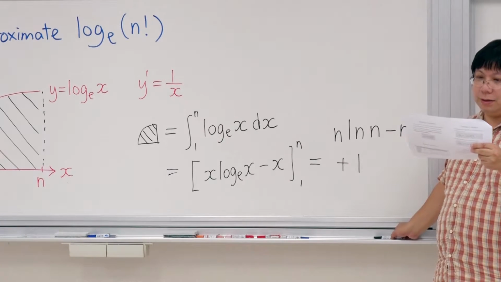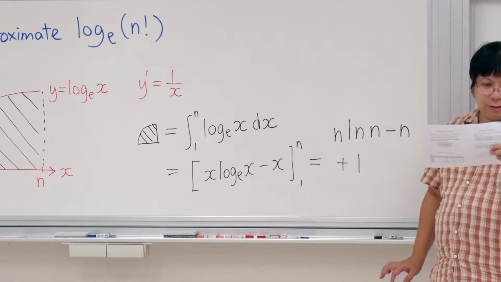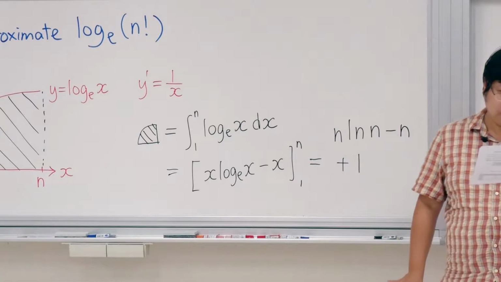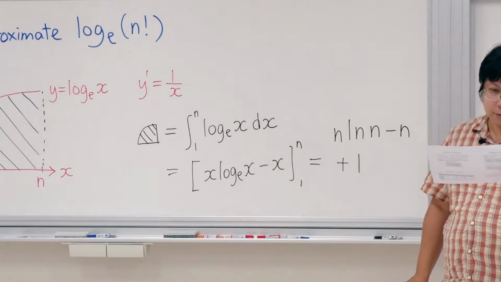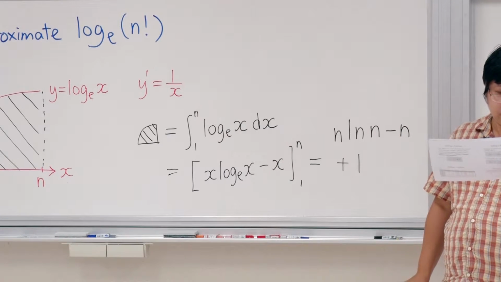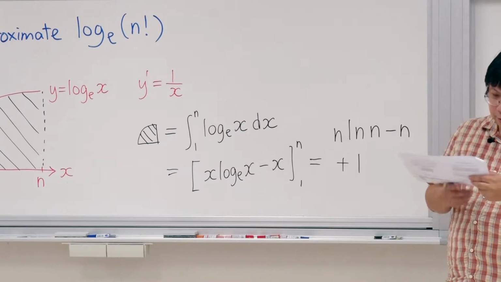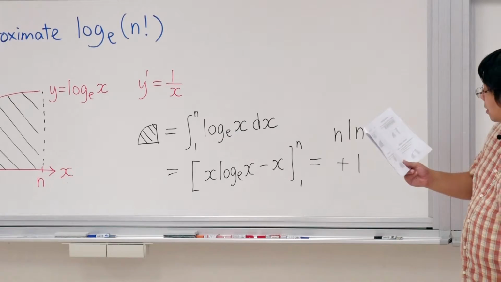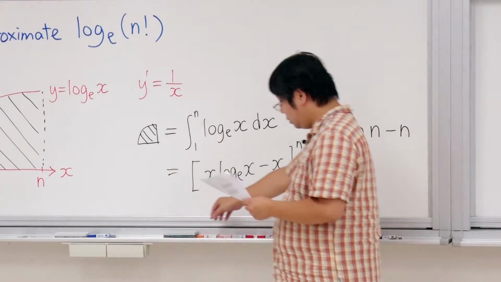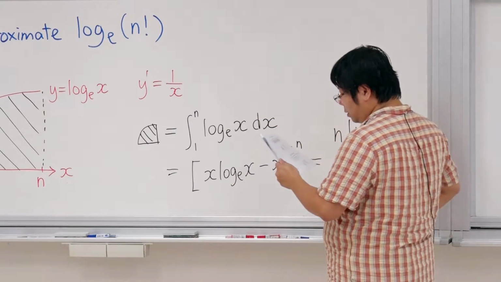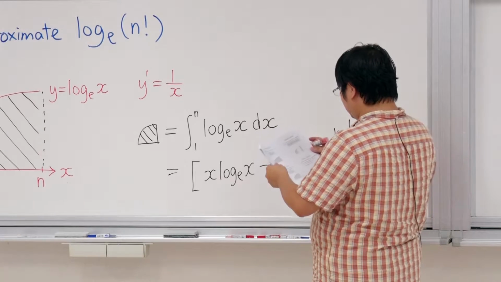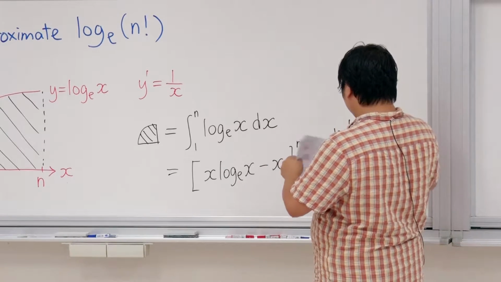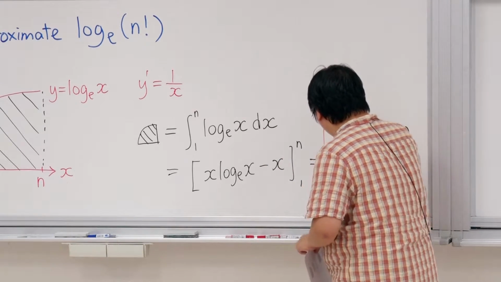Let me double check. The area under the curve is equal to this one. Okay. So we have this one. This is the area under the curve.